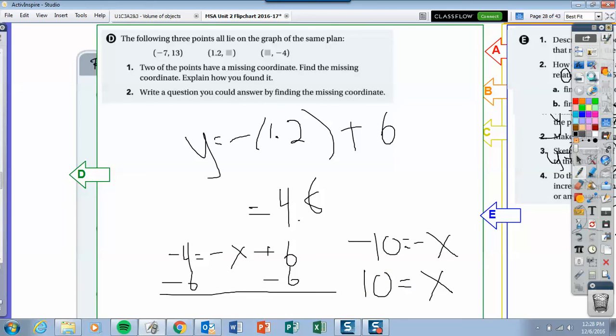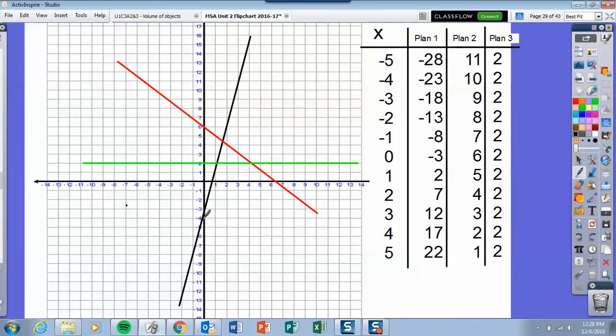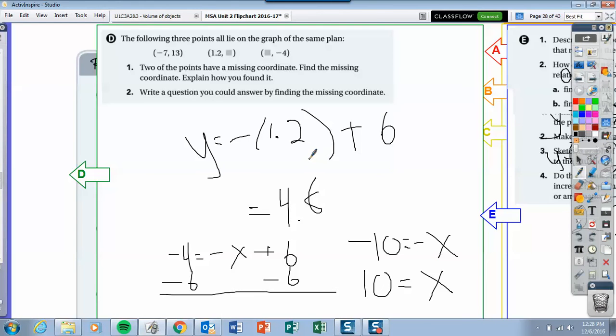Well, y equals -4 over here, x equals -10. Again, my line is a little bit off. I apologize for that. But that would make sense over here. As well as I could look up here and say, well, when x equals -4, what does y equal? Hey, what do you know? It equals 10. And I'm going to move on to the next one.